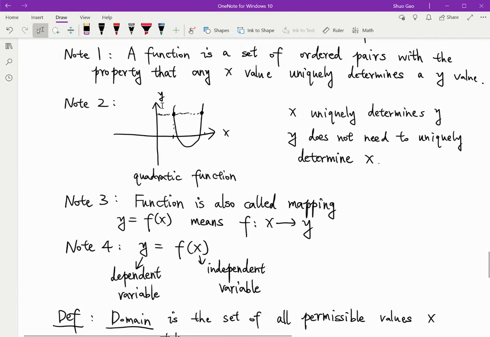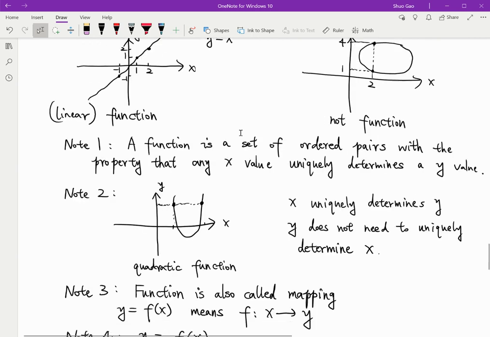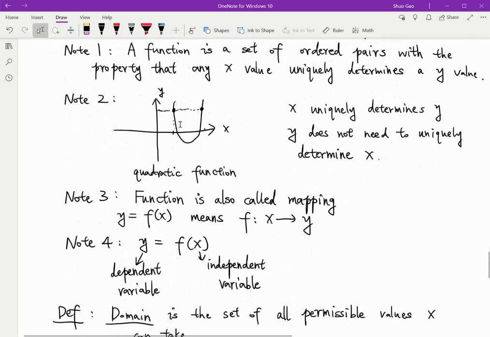Second note. In this example, this is a linear function because it's a straight line, right? But sometimes we can see this kind of line, and we call this a quadratic function. In a quadratic function, x still uniquely determines y. For example, if x is here, then there's only one y that's determined by the x.